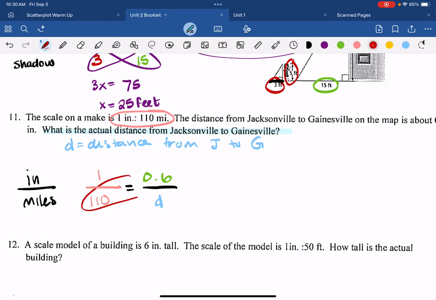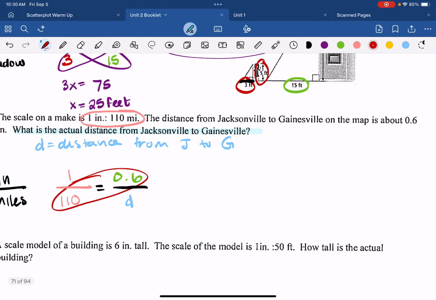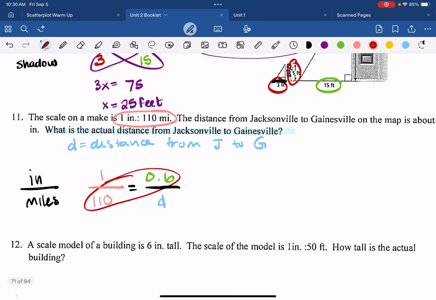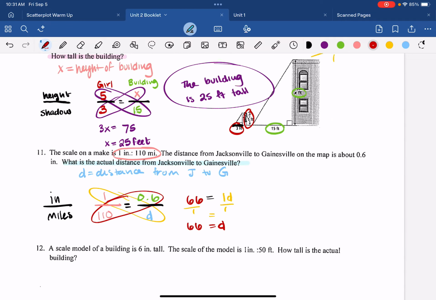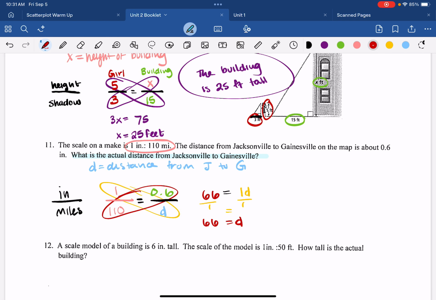Okay, now we solve. So I'm going to do 110 times 0.6. Okay, and we get 66 equals 1 times D gives me 1D. Now 1 times D is just D, or we could divide both sides by 1 and we would get 66 equals D. Okay, now this is mileage, so let's just write our sentence.